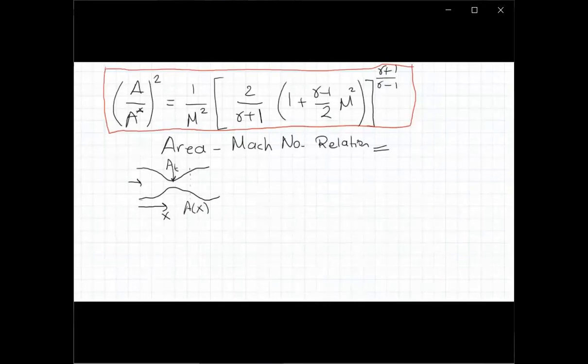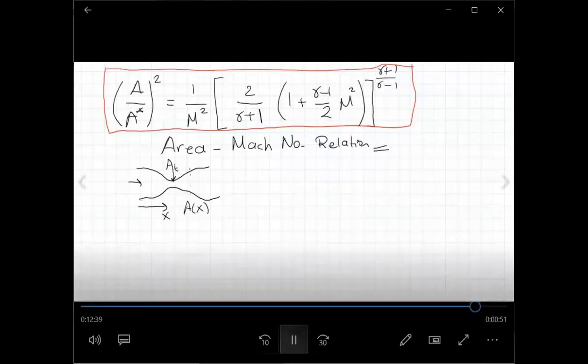So in order to find the shape of your nozzle, you need to know the Mach number distribution. So if you have a subsonic Mach number distribution here, and sonic Mach number here, and some supersonic Mach number distribution here, that basically sets your geometry. This also works the other way around.